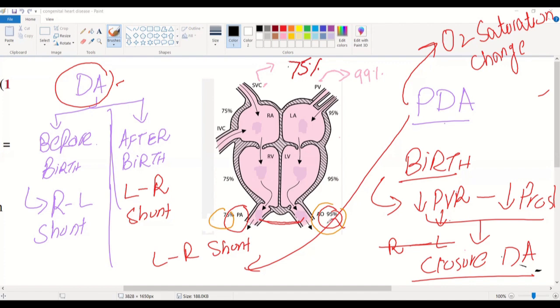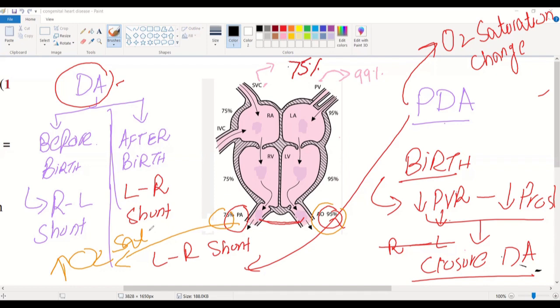So this oxygenated blood mixes with the pulmonary artery blood, leading to increased oxygen saturation in the pulmonary artery. The only oxygen saturation change that takes place in patent ductus arteriosus is increased oxygen saturation in the pulmonary artery, right? Okay.